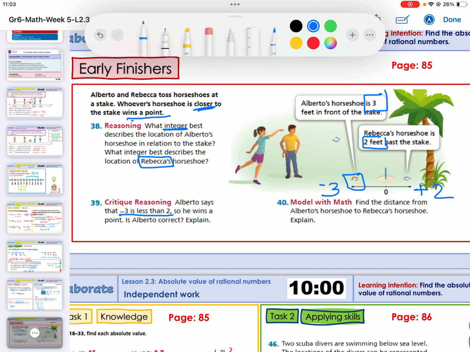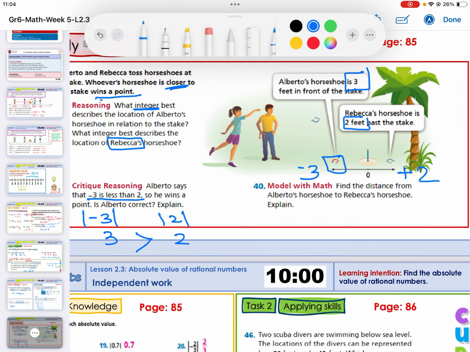But actually, here we're talking about distance, and distance is always positive. So when you take the absolute value of negative 3 and the absolute value of 2, that will be 3 and that will be 2. 3 is greater, okay? We can never have a negative distance. So 3 is way farther away from 0. So that means Alberto wins, not Rebecca.